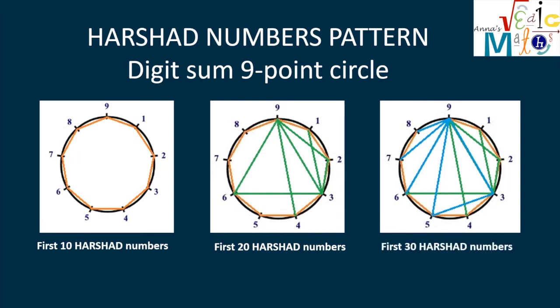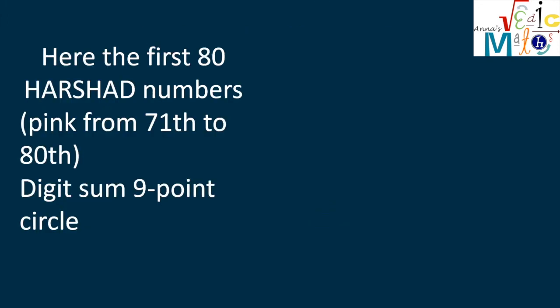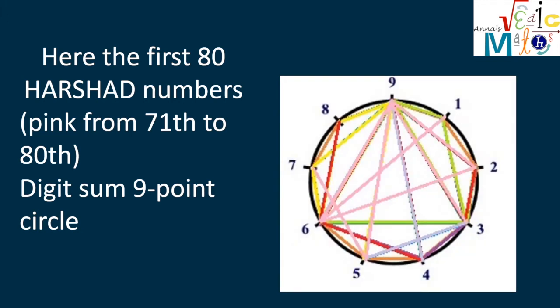As we see, the 9 frequency is more than other numbers. We can go on with the representation of the digit sum of the Harshad numbers, and here they are, the first 80 Harshad numbers. So we obtain these pictures, and in pink the last 10 Harshad numbers.